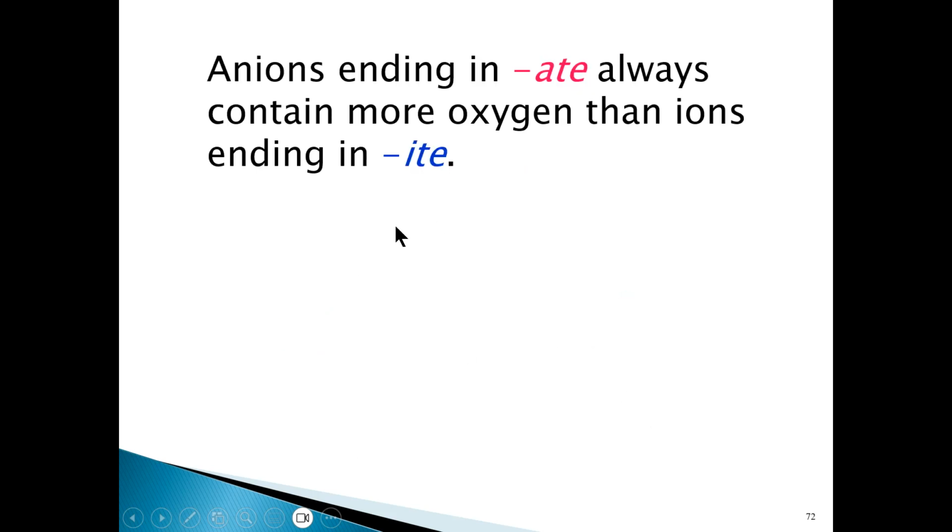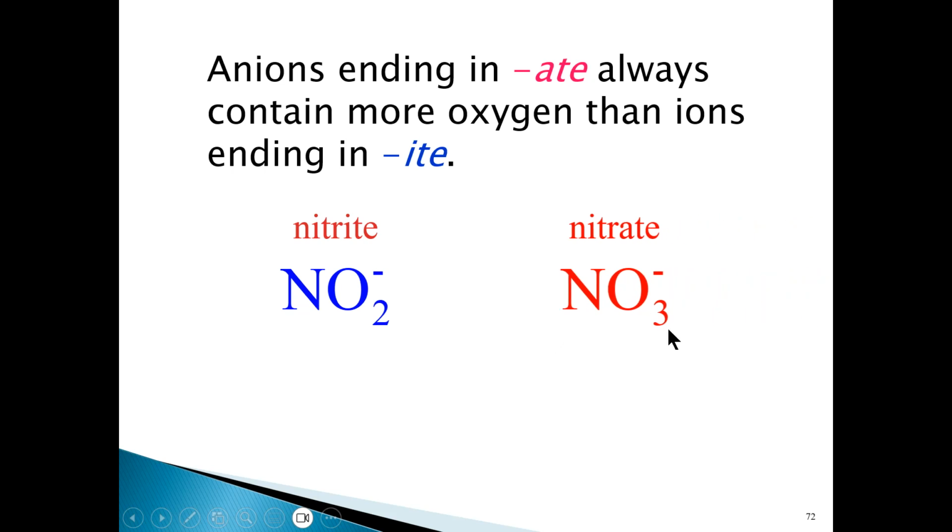Okay, in terms of naming of the anions, right, there are certain patterns that emerge. For one, anions ending with ATE always contain one more oxygen than ions that end with ITE. So this is called a nitrite ion, and this is called a nitrate ion. If you compare these two, you see that the only difference between them is that the nitrate ion has one more oxygen compared to the nitrite ion.